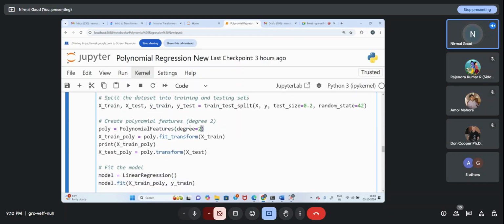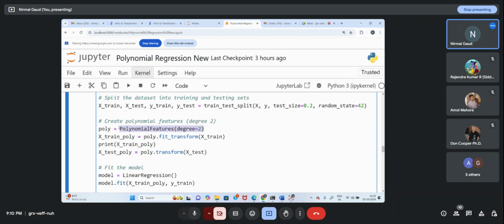Is there any way you can write e to the power x or sigmoid? For this, I think not possible. Degree 2, degree 3, degree 4. You can try with degree 1.5.